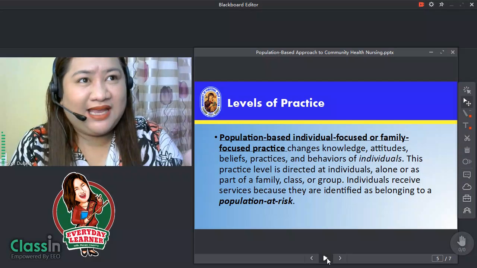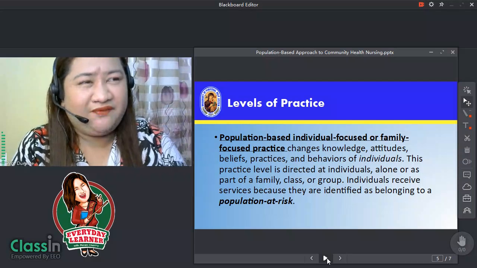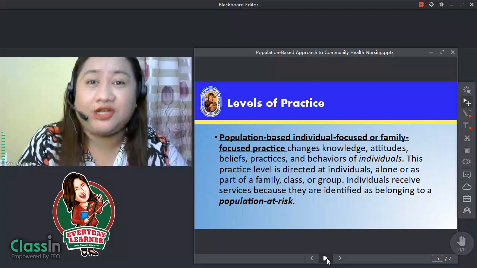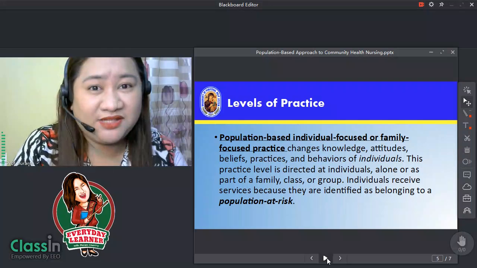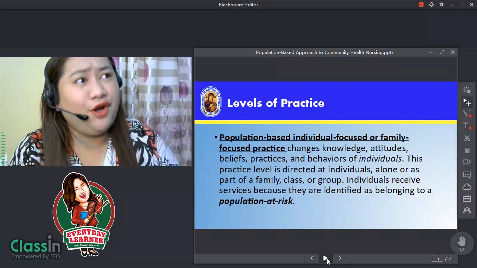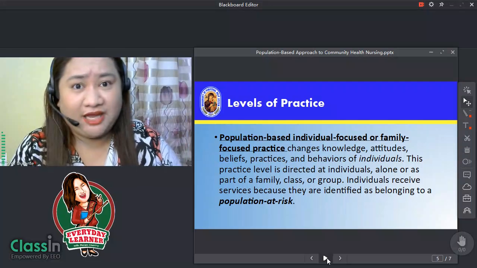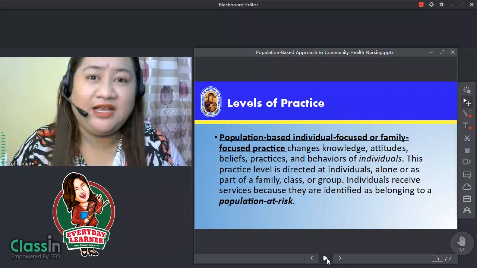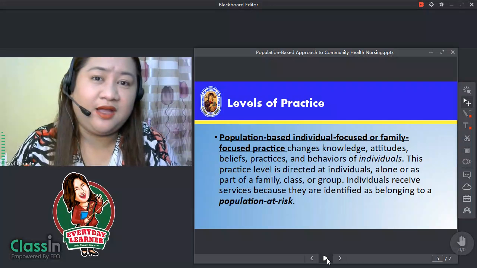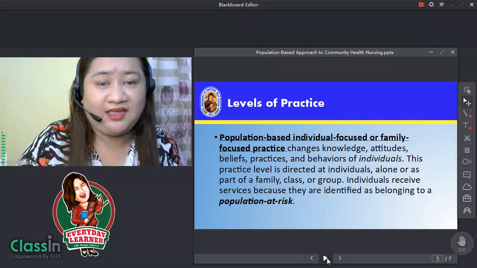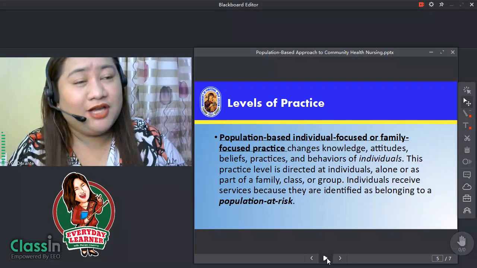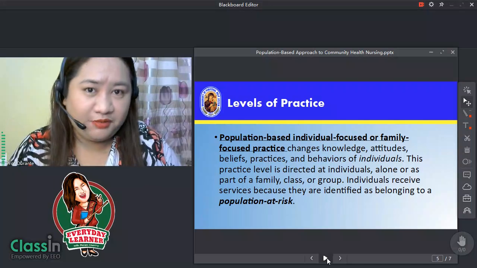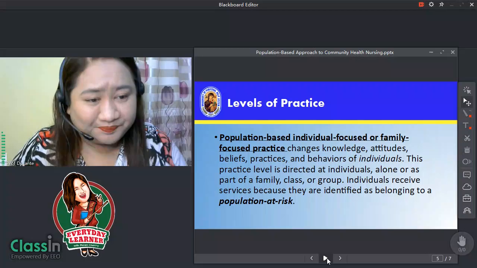So most mothers do not want to nurse their children. They don't want to breastfeed their children. As a nurse, you know that breastfeeding is very, very important, and it's mandated by the law actually, right? For breastfeeding to occur, especially if the mother is confined in the hospital, they are mandated by law to actually breastfeed and not offer formula milk. It's under your Milk Code.